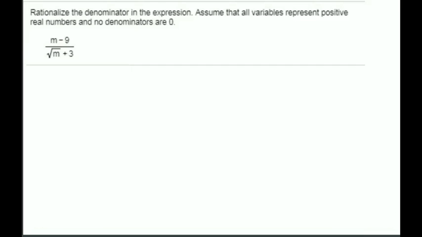Okay, so again we are rationalizing the denominator. The only difference really here is notice that we have a binomial in the denominator. So let's just go ahead and rewrite this down here.